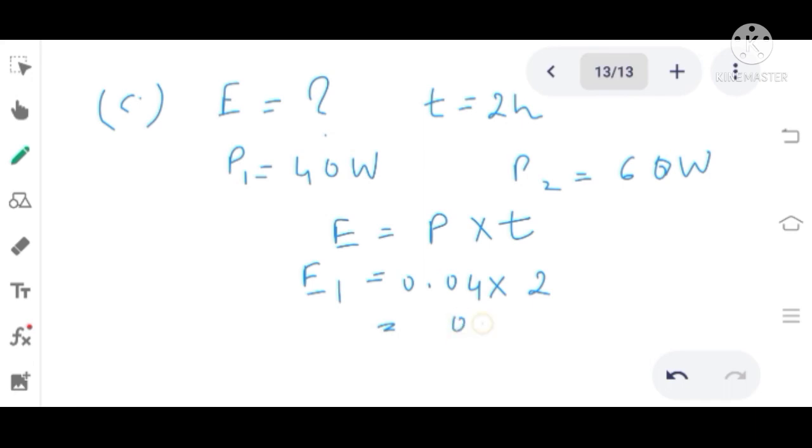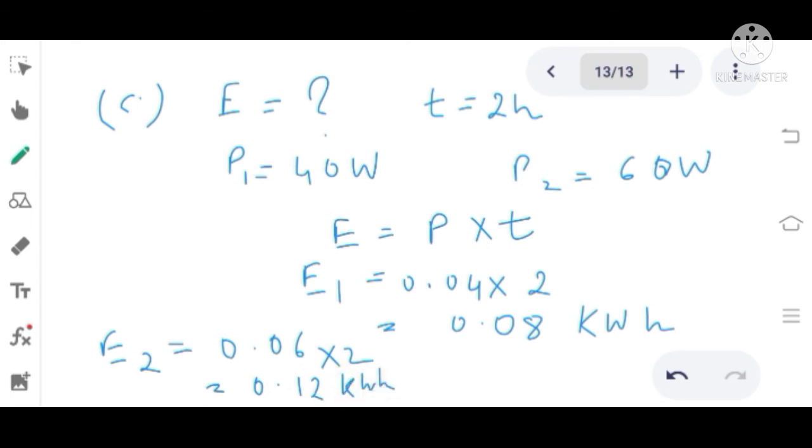You can either convert power into kilowatts or time into seconds, but since it is an electrical appliance used in homes, we prefer to find it in kilowatt hours. So you do this for both the lamps separately. So what is the total energy? Just add both of them.